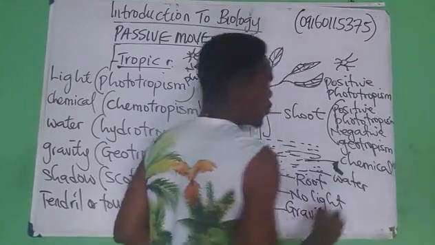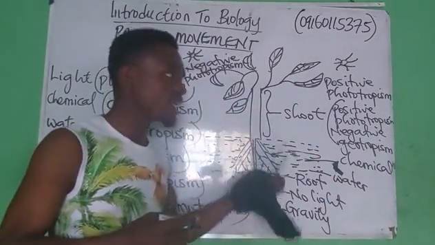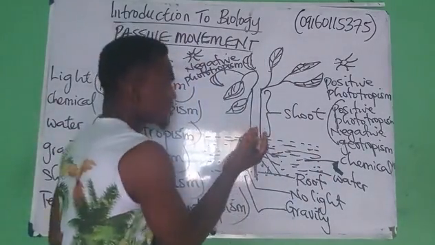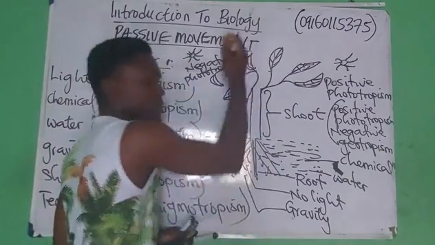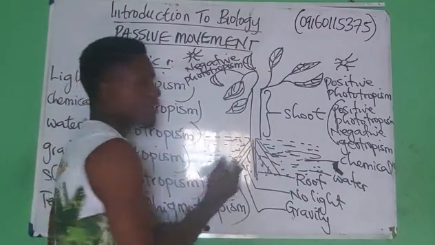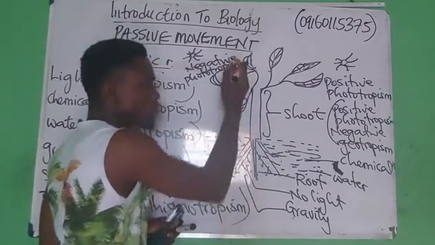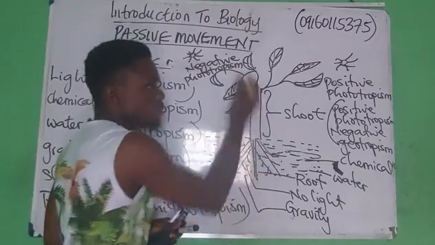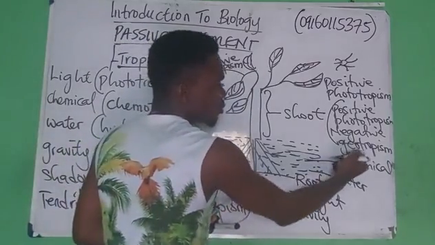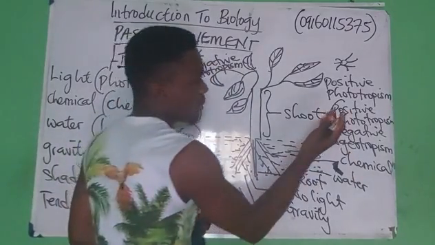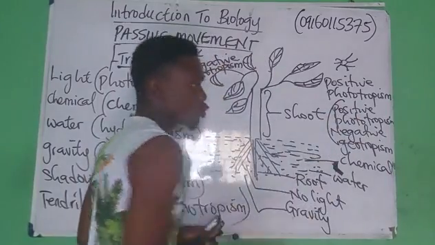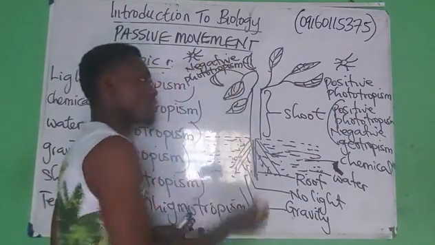I believe you know the reason it is called negative geotropism. It is growing against gravity. Right? It is growing against gravity. Against, you are moving away from it. So it is what? Geotropic movement. That is negative geotropism. That is, it is moving against gravity or away.